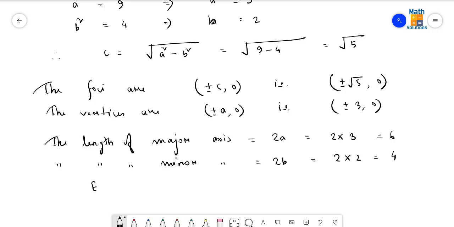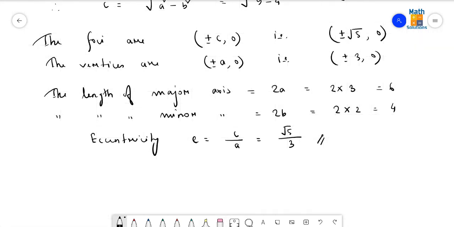Next there comes eccentricity. E is equal to c by a. Let's put the respective values. Root 5 by 3. So this is the answer for eccentricity. Then there comes the length of latus rectum.